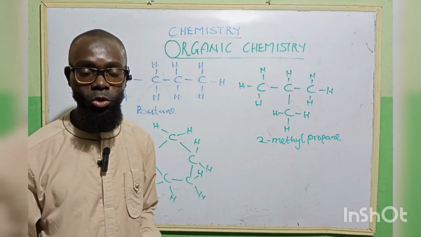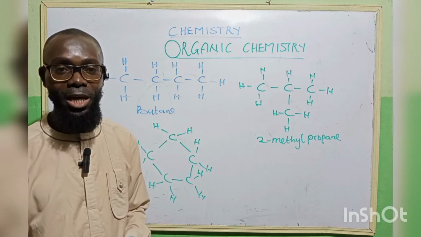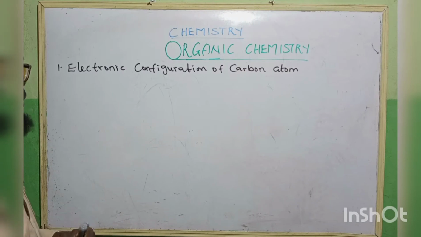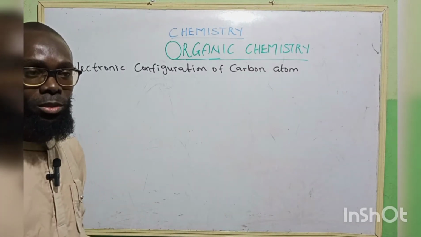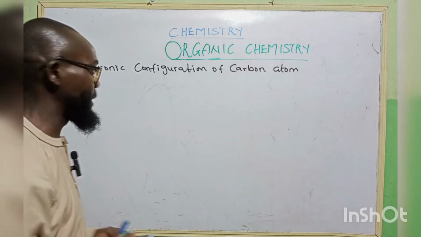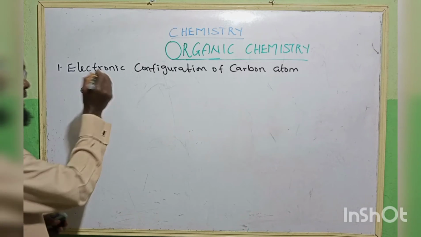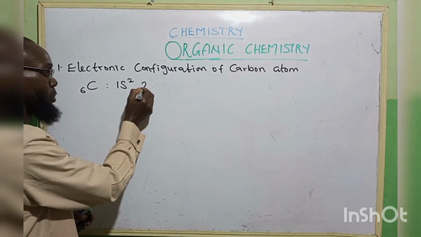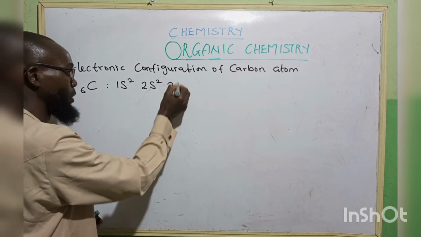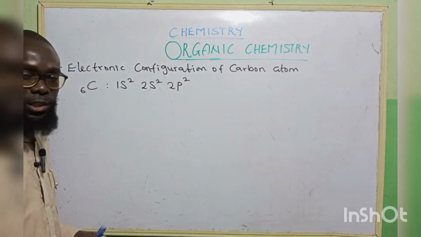The first term we look at is the electronic configuration of the carbon atom. Since we know that carbon has an atomic number of 6, when we write the electronic configuration, we have 1s2, 2s2, 2p2: 2 plus 2, 4, 4 plus 2, 6.